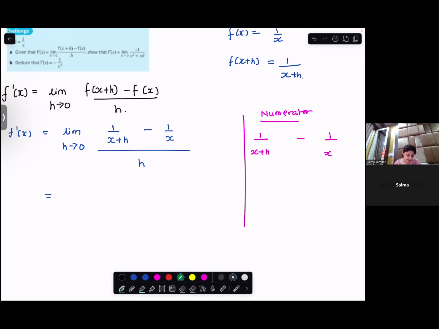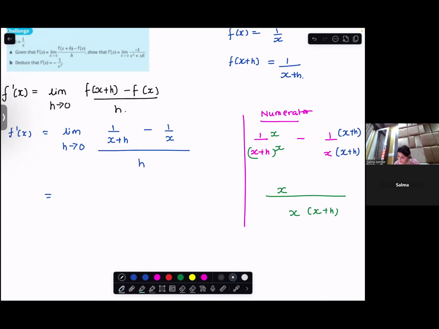When I am working this, I need my denominator to be x plus h. So I already have the x plus h over here. I will multiply both the numerator and denominator by x. And I already have the x over here. So I'm going to multiply the numerator and denominator by x plus h.